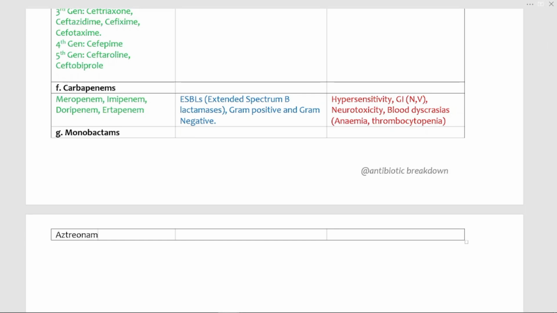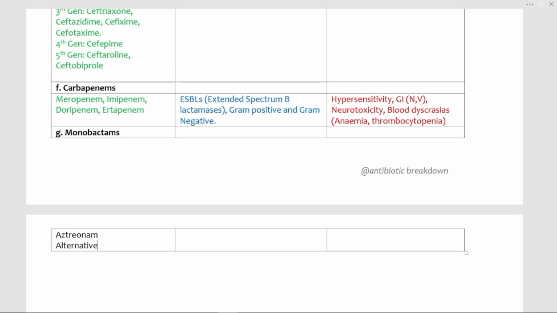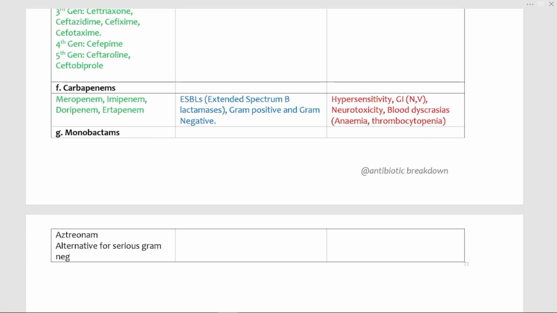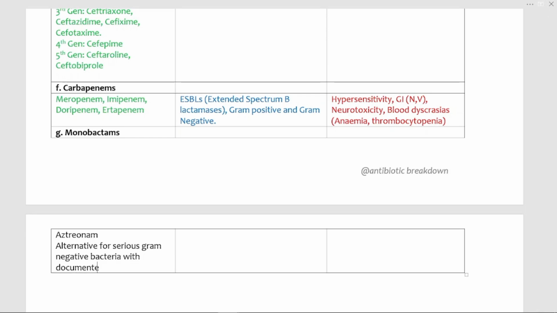One thing that you have to note, aztreonam is always an alternative for serious gram-negative bacteria with documented penicillin allergy. Severe penicillin allergy. So that's what you have to note.